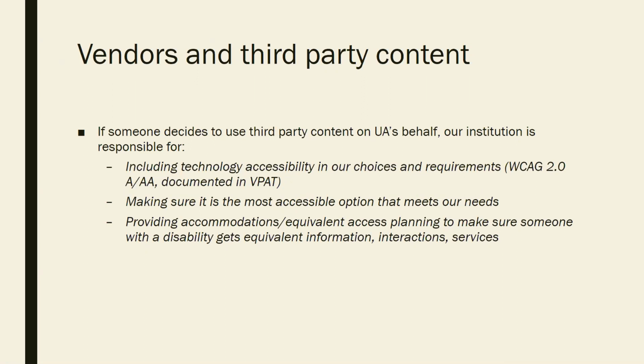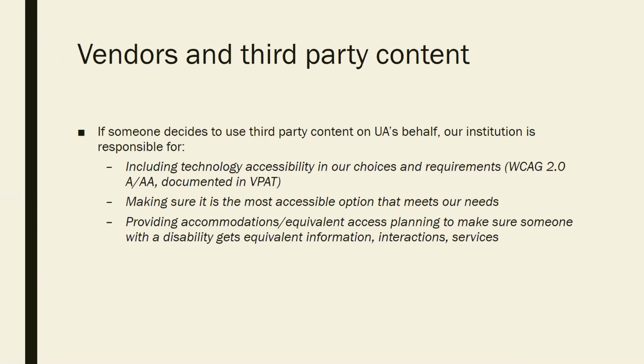So for example, in addition to looking for XYZ capabilities or features, one of the things that we should look for is technologies that meet WCAG 2.0 AA, or the Web Content Accessibility Guidelines 2.0 AA, the set of standards articulated in the Web Resources Accessibility Policy.